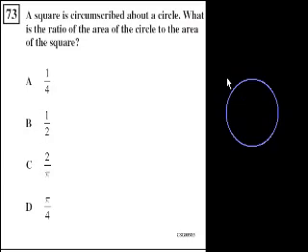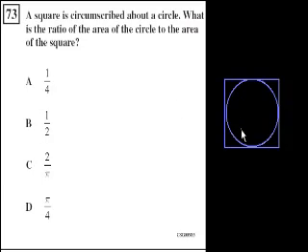I wanted to draw a solid square. Let me see if I could draw it without pressing the Shift key. Oh, well, I think that's close enough. So we know that the square is on the outside because it's circumscribed about the circle. What is the ratio of the area of the circle to the area of the square?